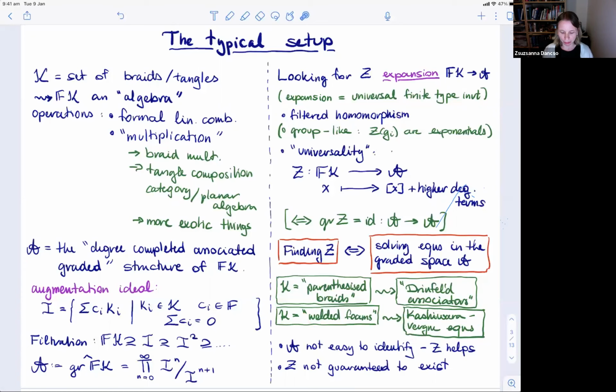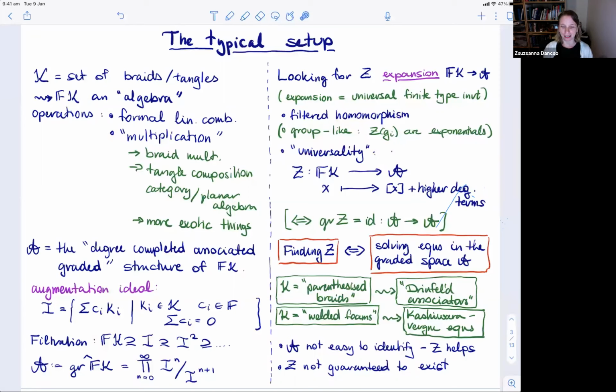But I just want to mention that identifying these objects is not obvious. Identifying A, of course, we have defined it, but there are combinatorial descriptions of A in each case, which makes it much easier to work with than something abstract like this.